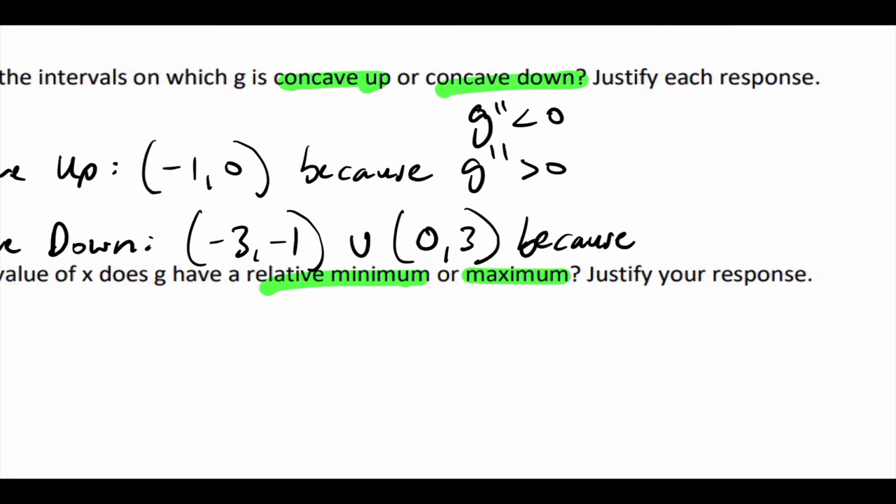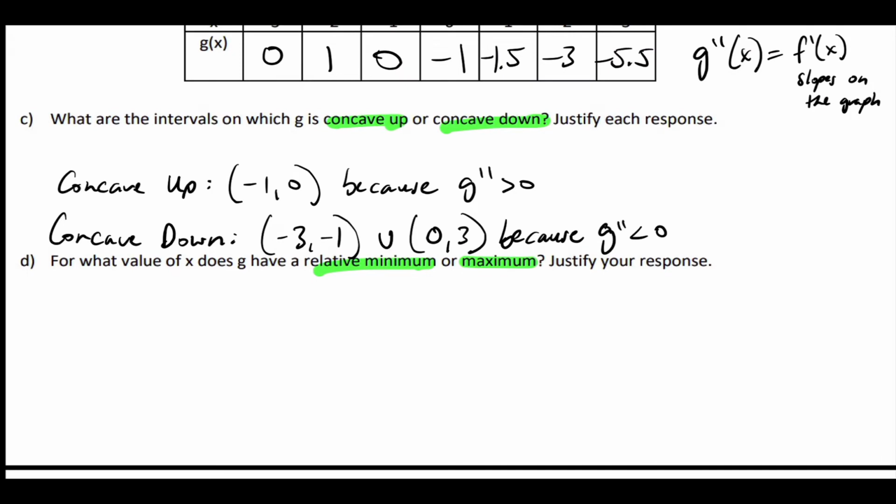Because G double prime is negative. Okay? Because that's where the slopes are negative. That's what I'm looking for.